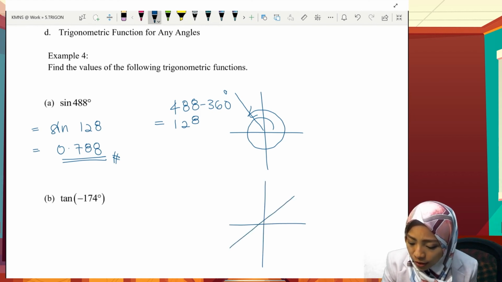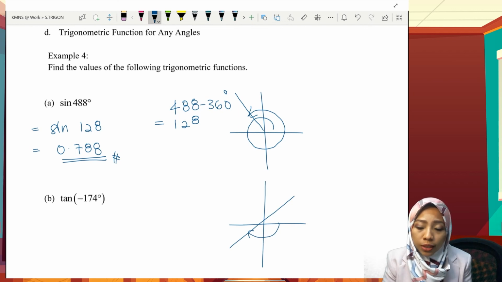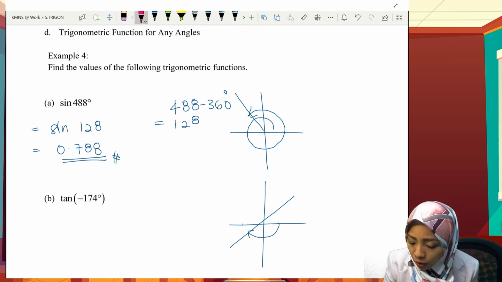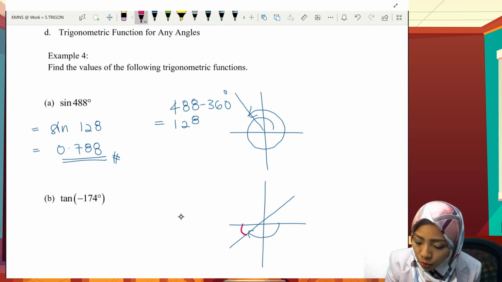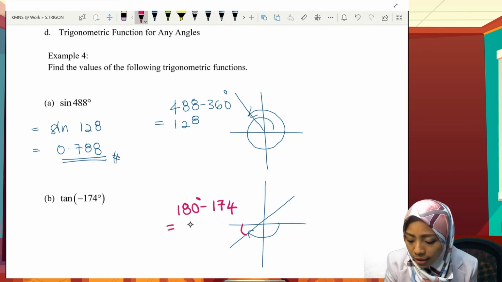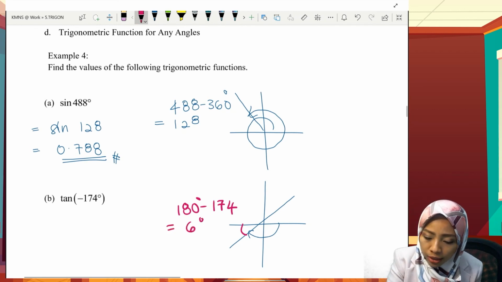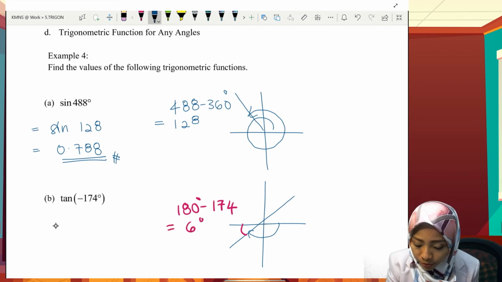We want the acute angle here. So 180 minus 174 is 6 degrees. Therefore, it can be written as tan 6.